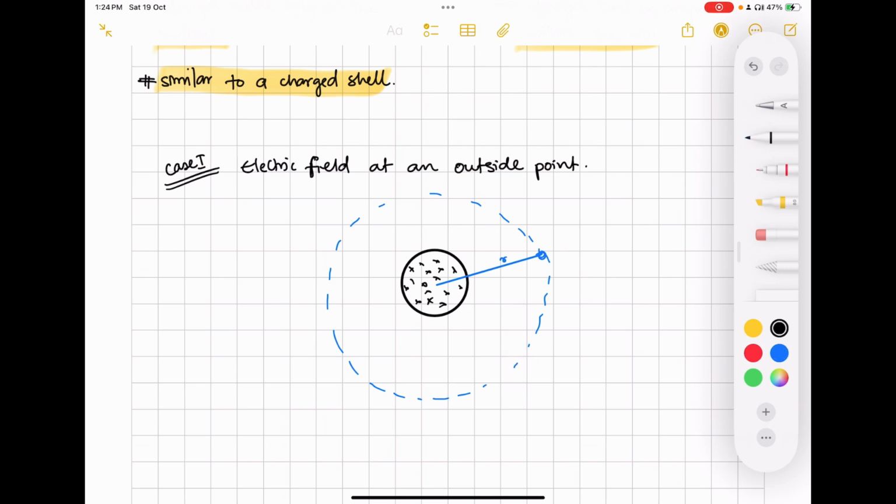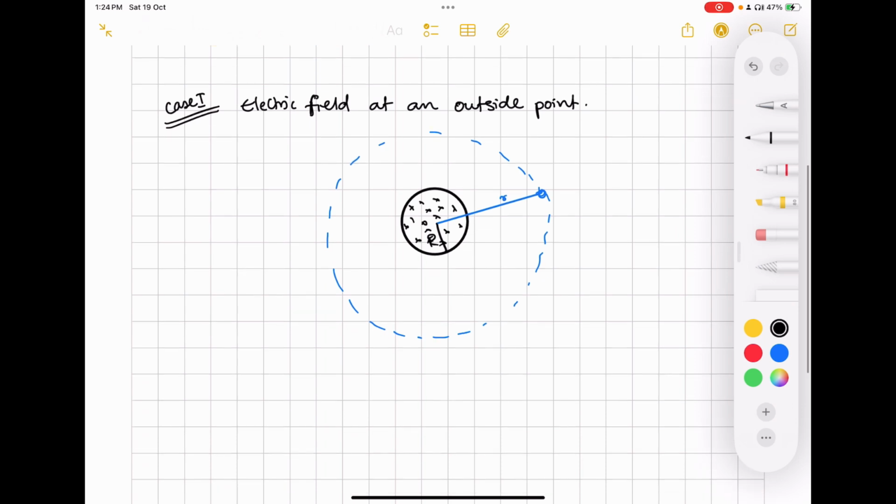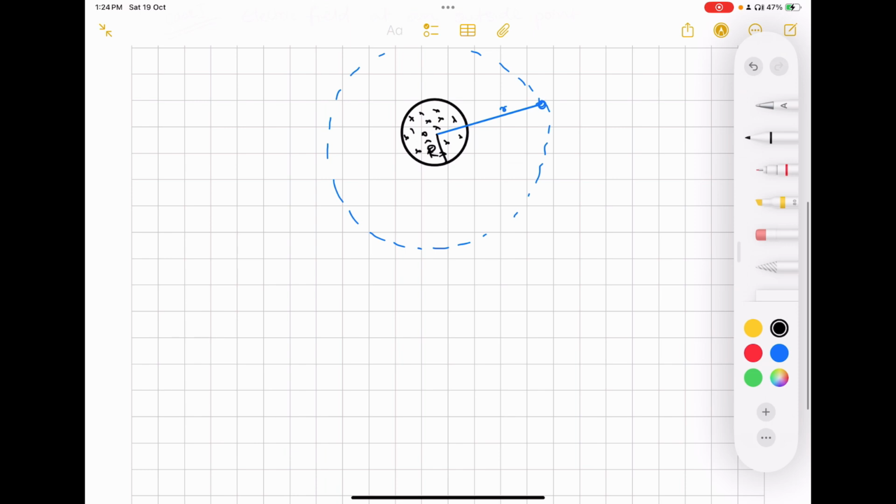So we have a Gaussian surface of radius small r. Capital R is the radius of the inner non-conducting sphere. So we have Gauss law: phi is equal to 1 by epsilon 0 times the net charge enclosed by the Gaussian surface.